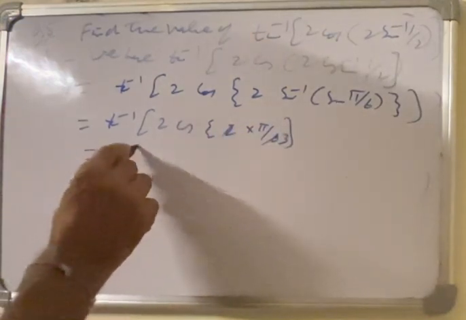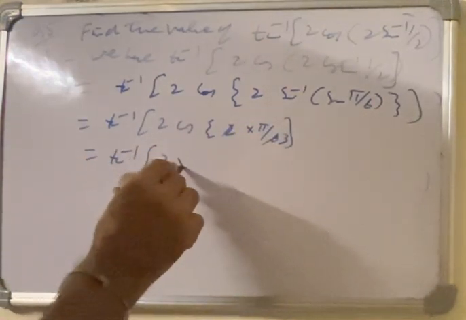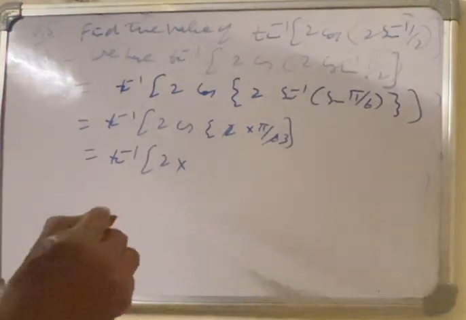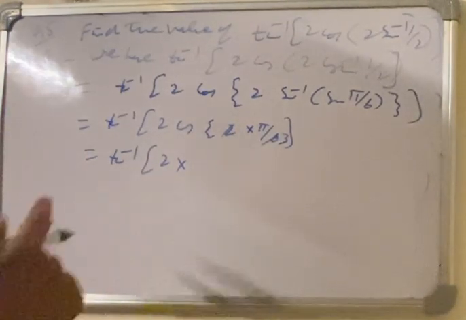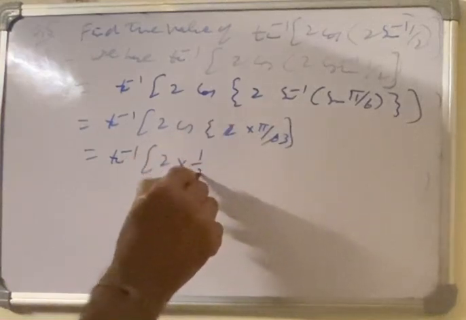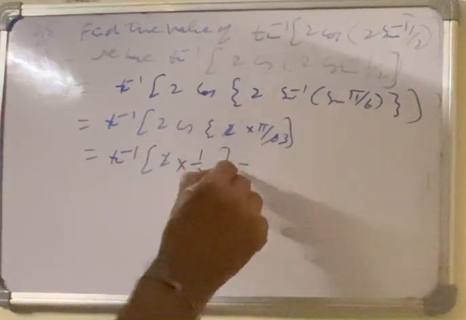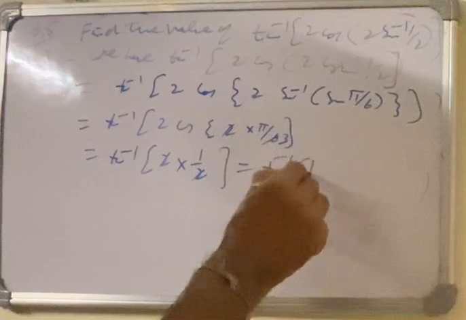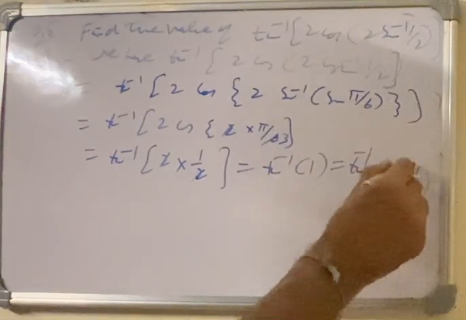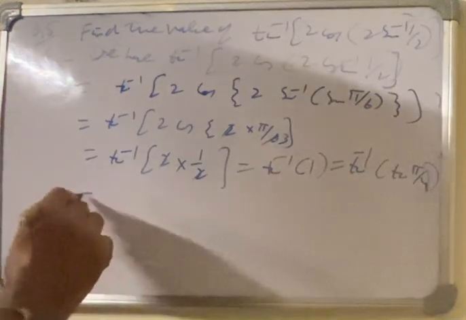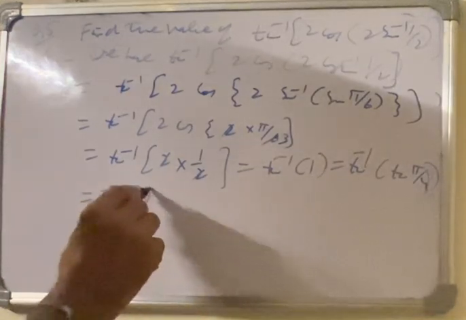Now tan inverse 2 into cos pi by 3, which is half, is equal to tan inverse 1, which is equal to tan inverse tan pi by 4, which is pi by 4. This is the answer.